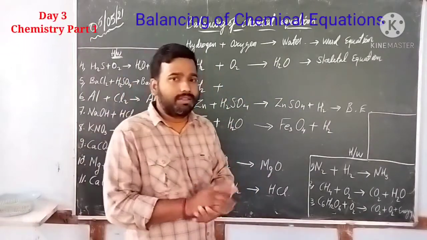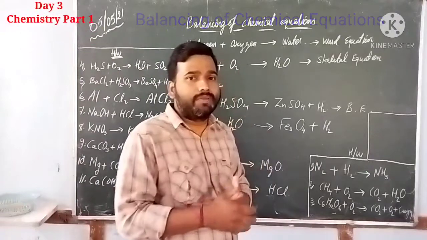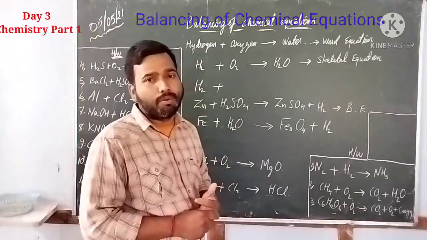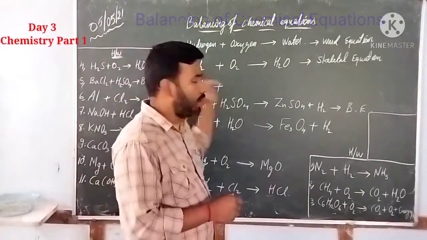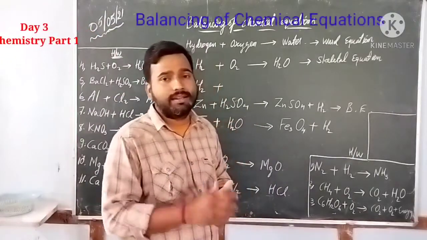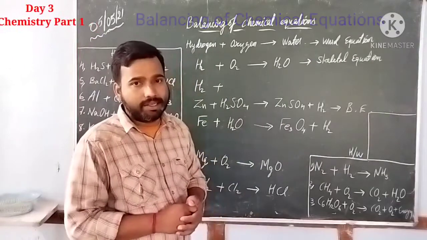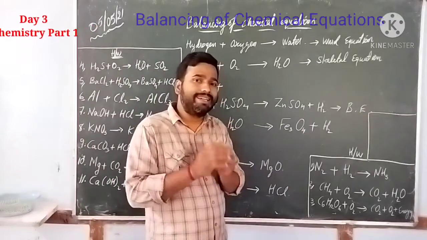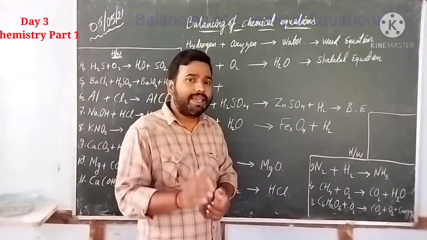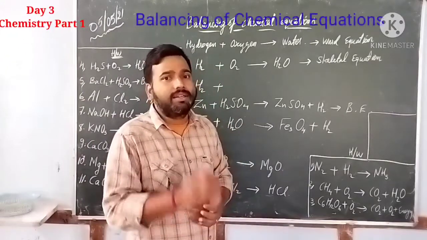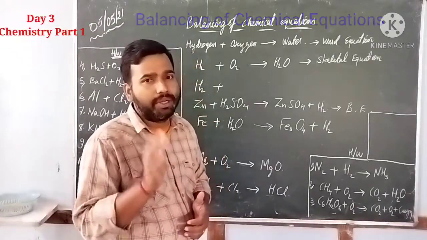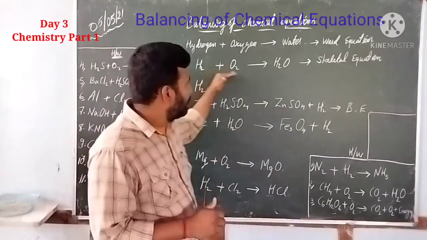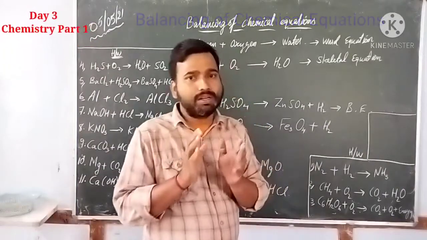Let us go back to last year. We studied two laws of chemical combination. The first is the law of conservation of mass. It states that mass can neither be created nor destroyed during a chemical reaction. That is a proven law.